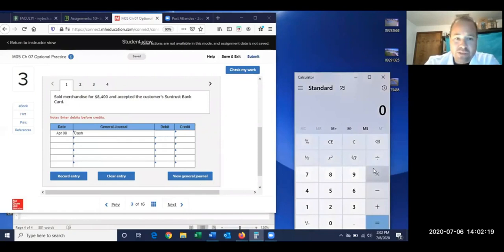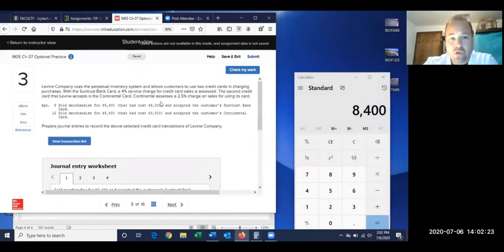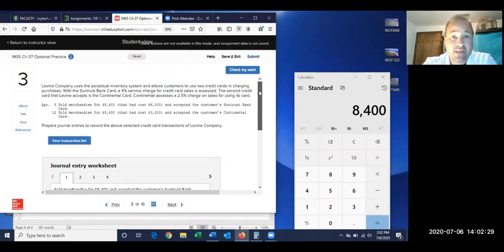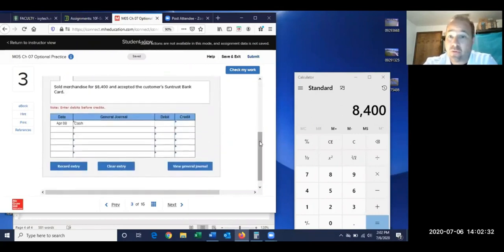So what we're going to do is say, okay, out of the $8,400, we're going to collect 96% of that, because the first 4% goes to SunTrust as a convenience fee for us, as a thank you for giving us the upfront money and you doing the work of collecting on it.